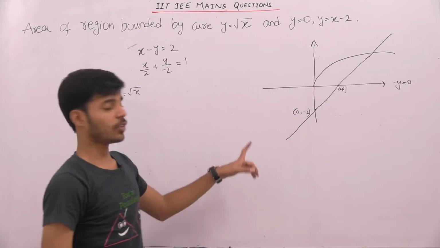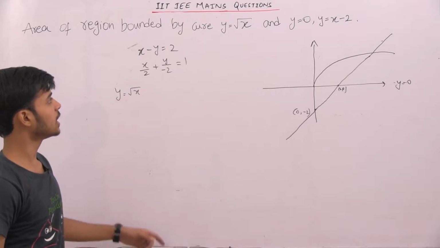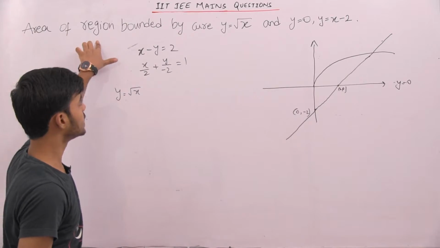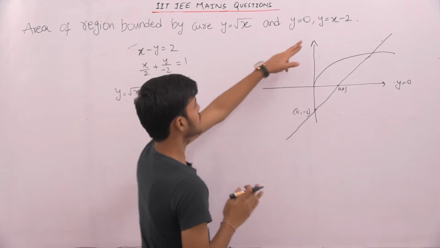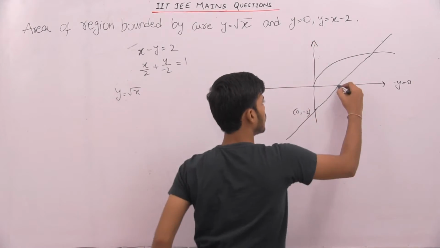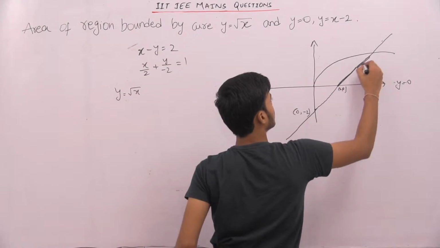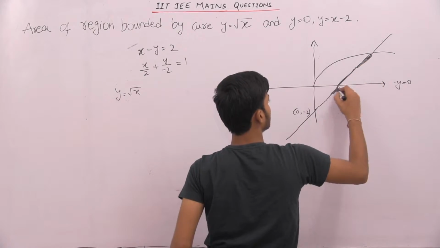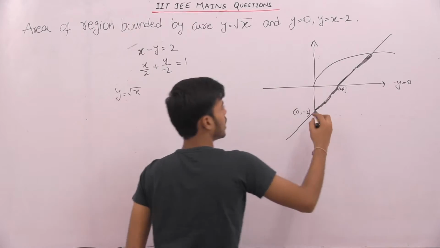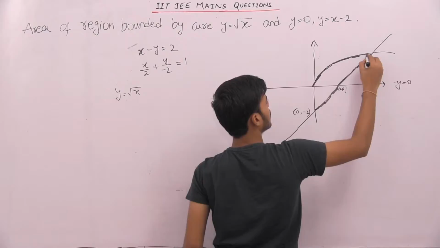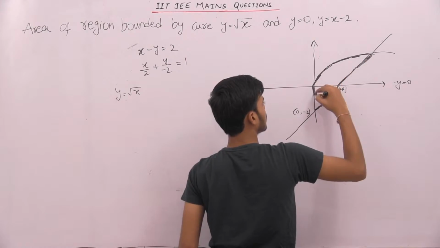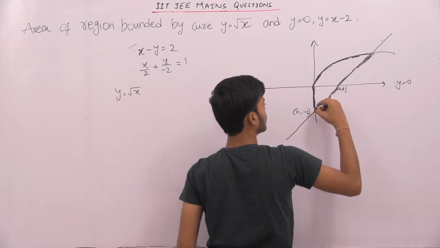So now we have drawn all the three curves we are given, and let's find the region which is bounded by these three curves. The first curve y equals x minus 2 is this, and the curve we have is this, and this.